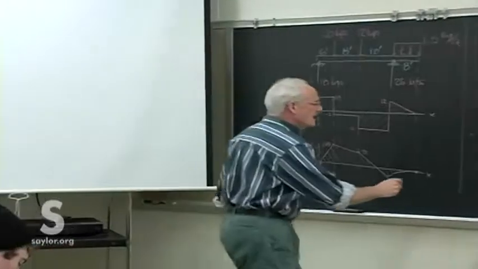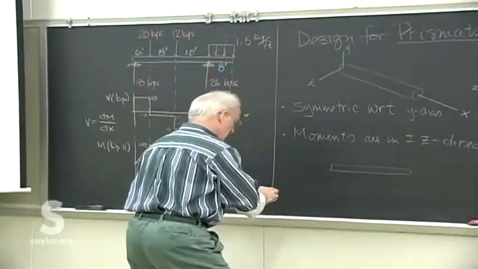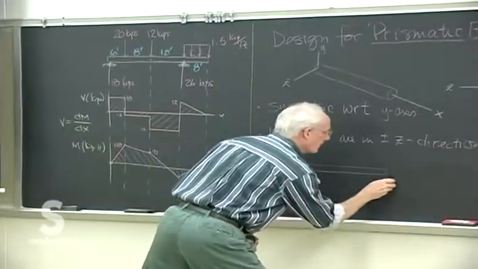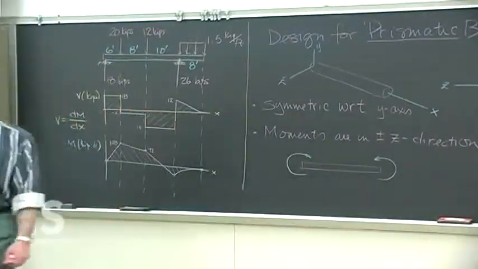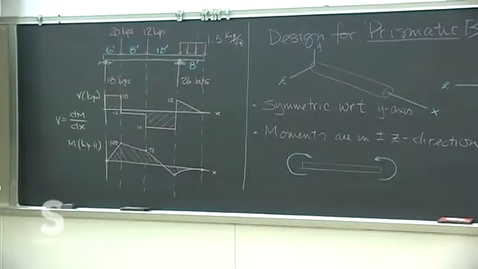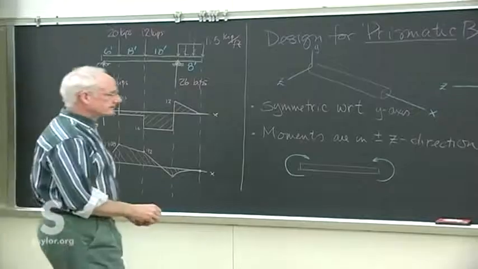Any one of the typical loadings we've looked at before. At any place we have bending like that, either plus or minus, depending on what it is we're talking about.